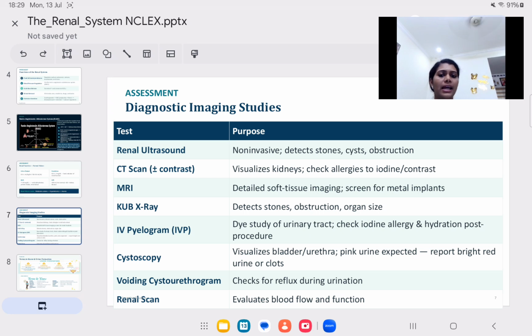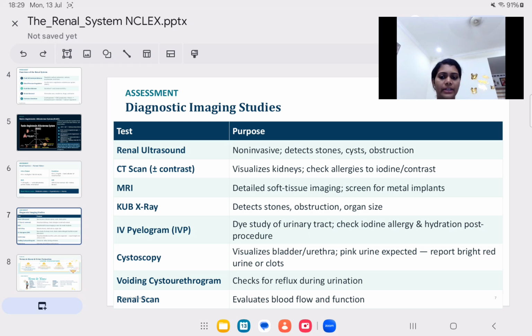Okay, then the MRI, with which we can get soft tissue detailing. Before an MRI, we need to remove all metal objects. Then a KUB X-ray, kidney, ureter, bladder X-ray, can be taken to identify any stones, obstructions, or the organ size.